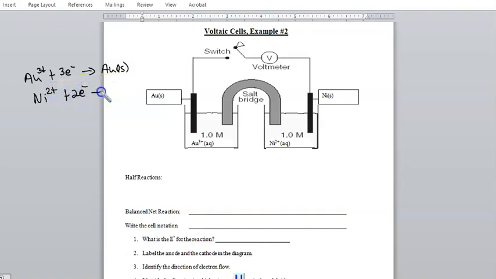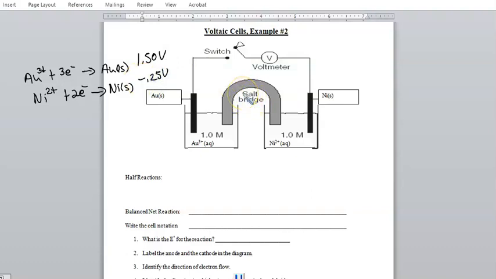So the chart, they're both being reduced. Okay, so if I look on the chart, and if you printed out the chart, you can see this one's at 1.5 volts, and this one's at negative 0.25 volts. Alright, so which one's more likely to be reduced?